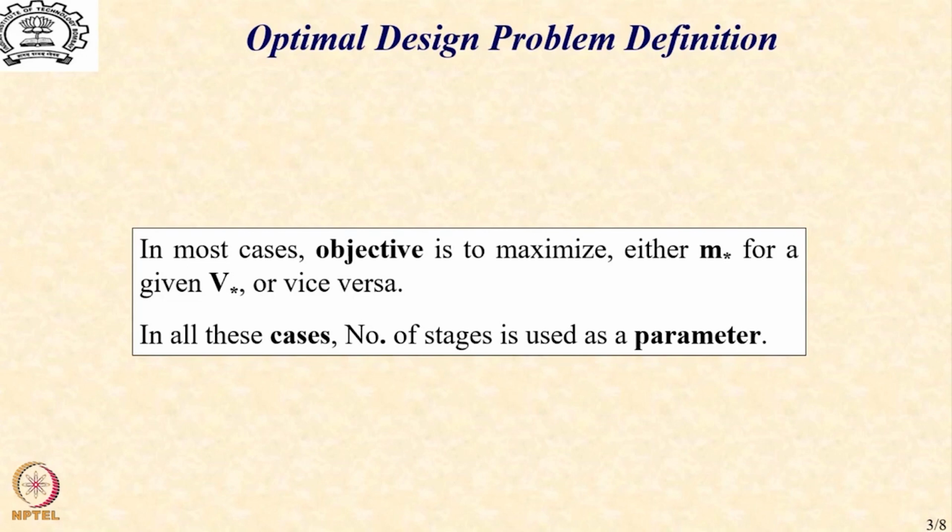Within a rocket family, generally the number of stages would be not too many. So the overall exercise for using n as a parameter is still a fairly simple and workable exercise without getting into the hybrid integer real number optimization problem. And for that reason, this is the strategy which is most commonly employed.